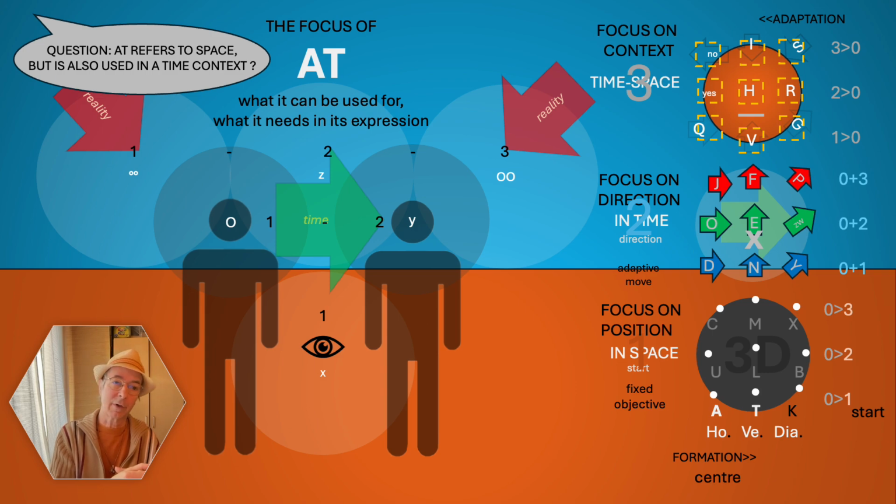And the question is, of course, if you really say that it is narrowed down to space, it is a bit strange, because it's also used in reality in a time context.